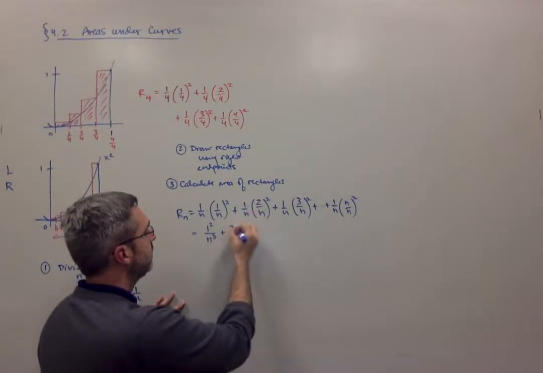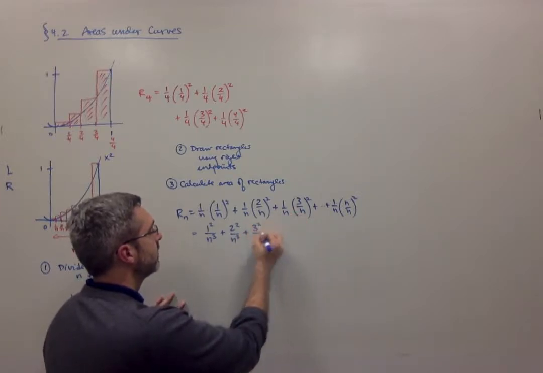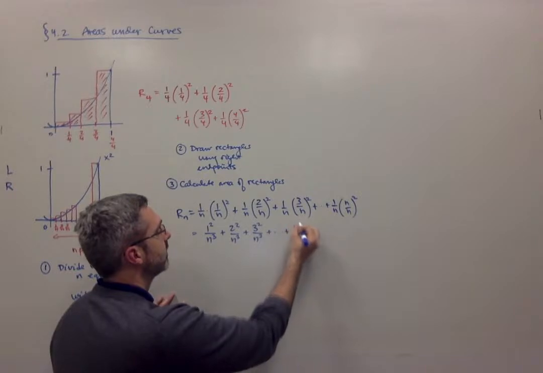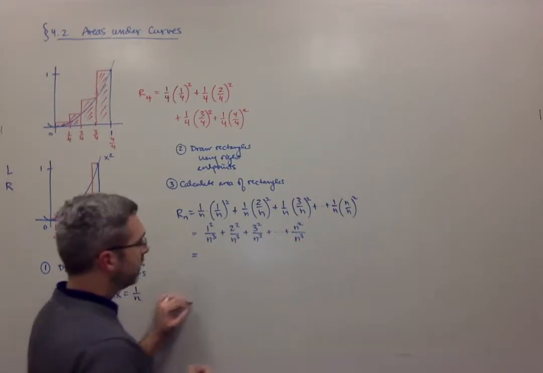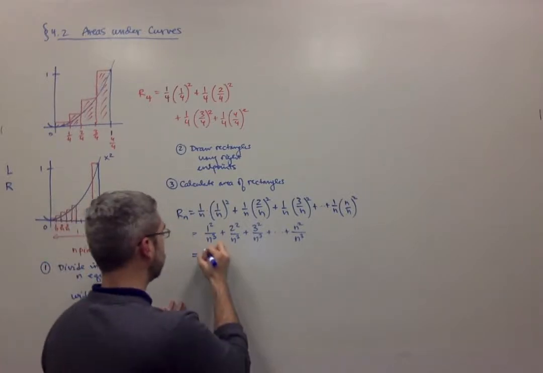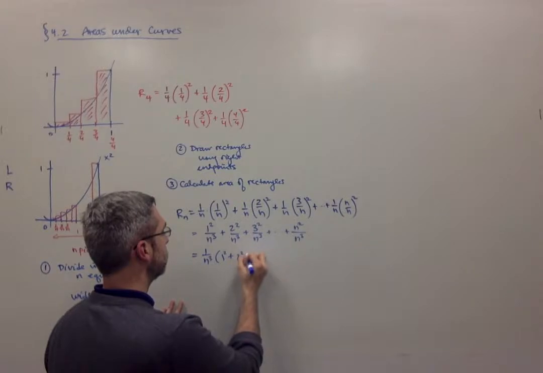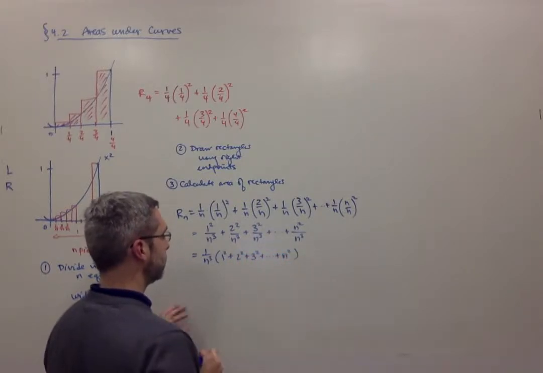Here I've got 2 squared over n cubed. Here I have 3 squared over n cubed. And then I have n squared over n cubed. I want you to notice that they all have an n cubed, so we're going to pull out that 1 over n cubed there, and we're going to get 1 squared plus 2 squared plus 3 squared all the way up to n squared. Okay?